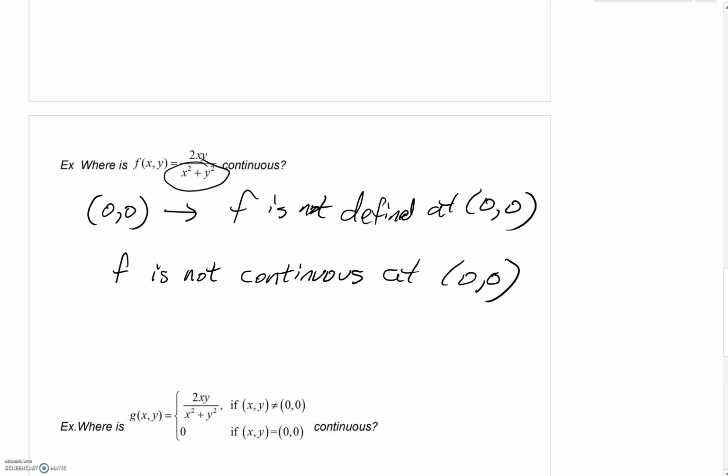Now that's the only location that would cause a problem, where our function would not be defined. Everywhere else it would be, and if you just thought about it, I think you could then see that your limit, of course, if your function's defined, it's going to be one and the same. So we can actually say that our function is continuous everywhere else.